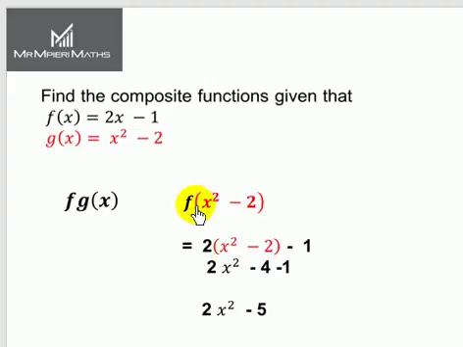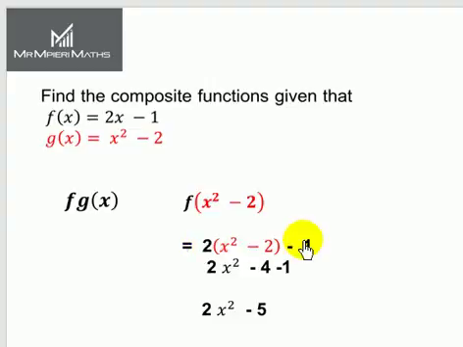Now, let's see what that function is saying. If you look at the function, f is saying double whatever is in this bracket, and then take one away. So let's go back here. This bracket now has x squared minus 2. So I'm going to double it, 2 multiplied by this, and I'm going to take 1 away, minus 1. Now, this is fine.